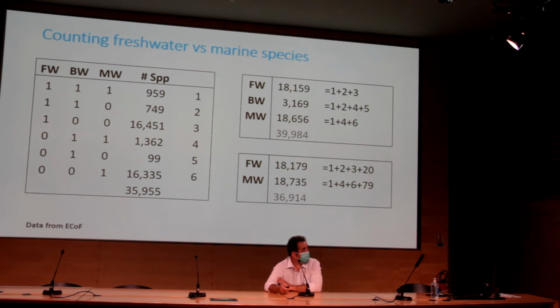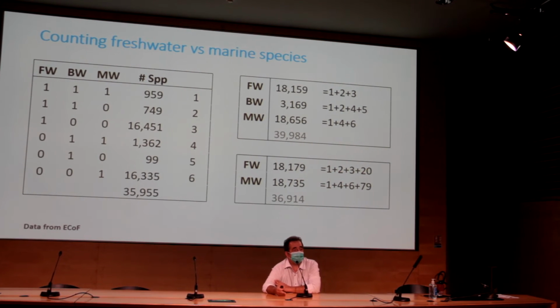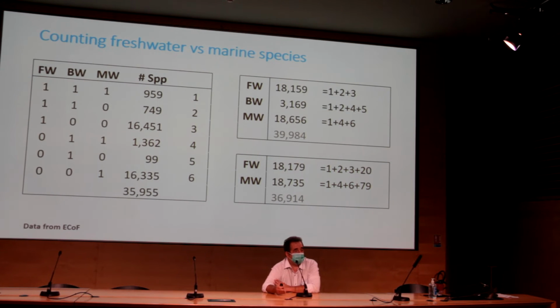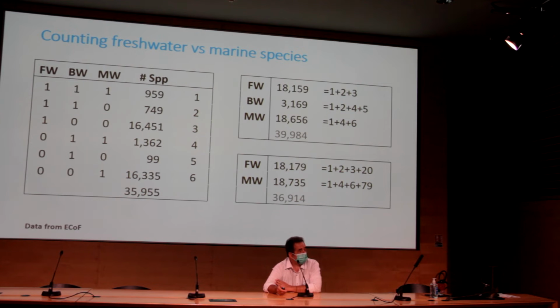But then if you add the ones that are in brackish water or that are diadromous, there are still more marine species than freshwater. But you have to know that for the past almost 20 years, more species from freshwater than from marine water have been described. So I think that very soon we will have more freshwater species than marine species.